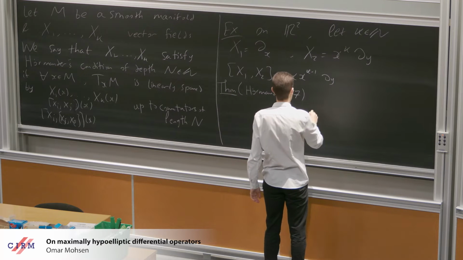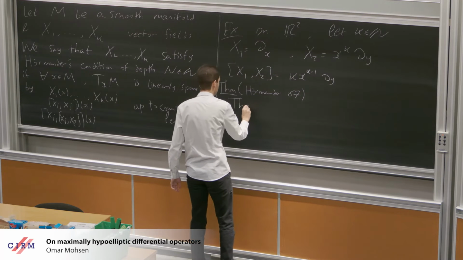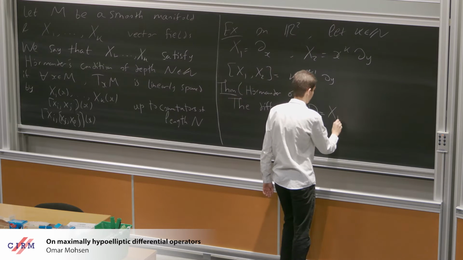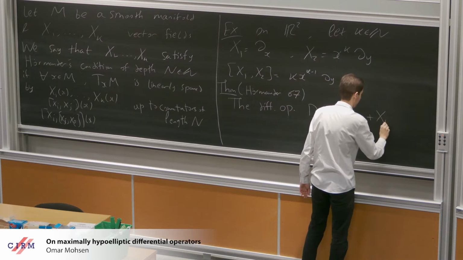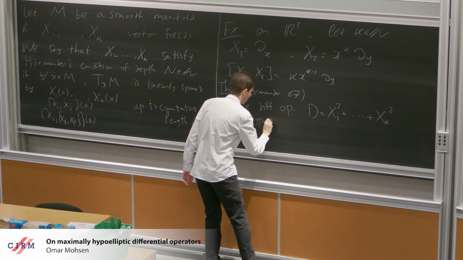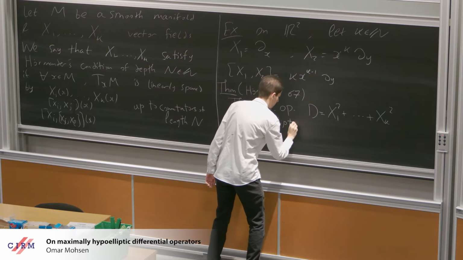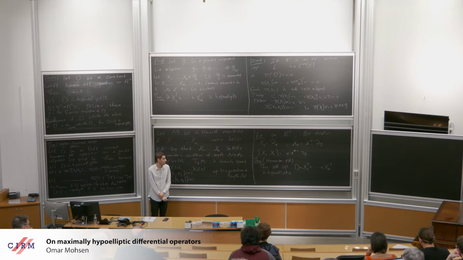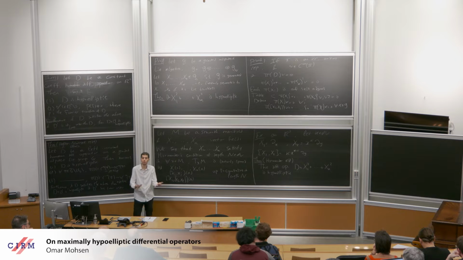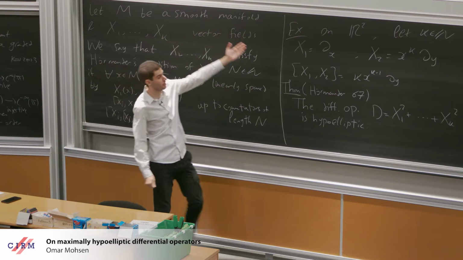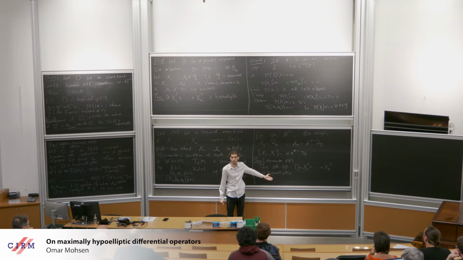Then the differential operator D is hypoelliptic. So we see that it's a very analogous result to the one above, but it works for any smooth manifold. This one works for groups, but this one works for any smooth manifold.